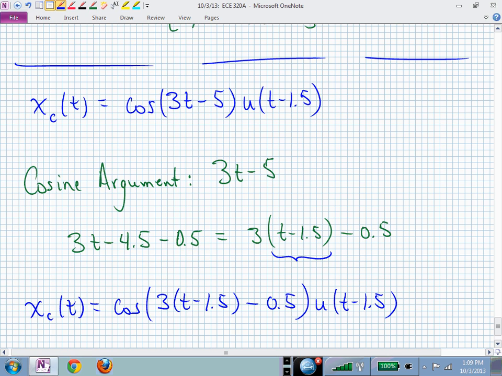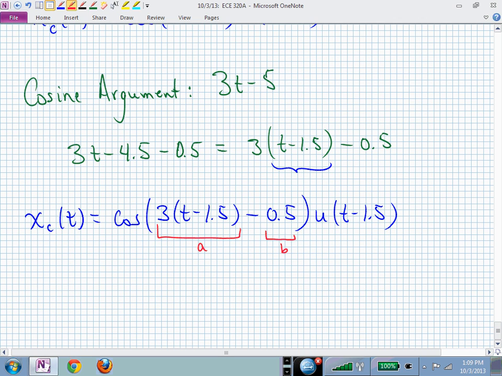Meaning, if we put this piece and say that's a, and then we take this piece and say it's b, or maybe we incorporate the sign.